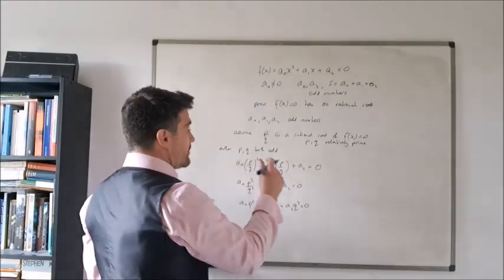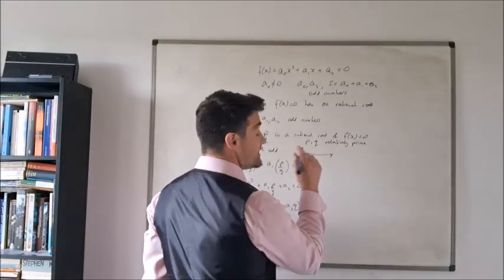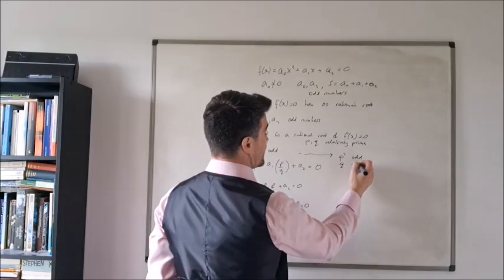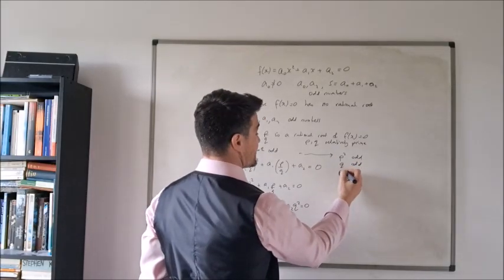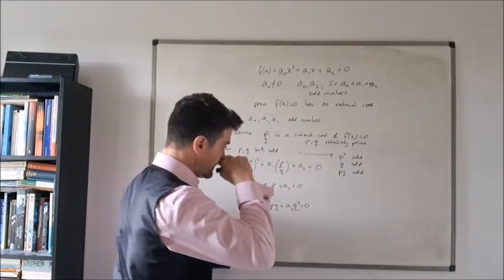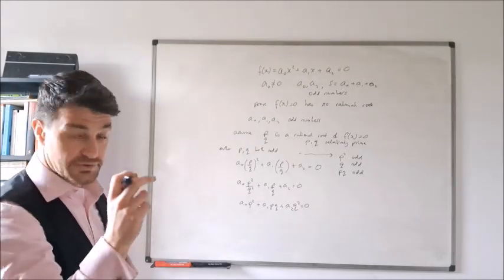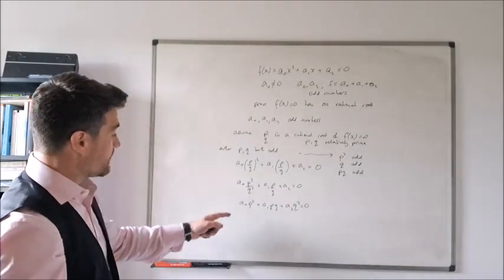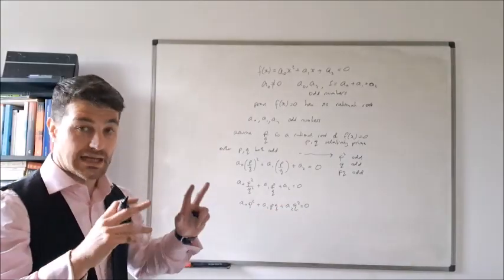Okay, so if P and Q are both odd, then we can deduce that P squared is odd, that Q squared is odd, and that P times Q is odd. The product of two odd numbers is always odd. We know that A0, A1, A2 are odd.